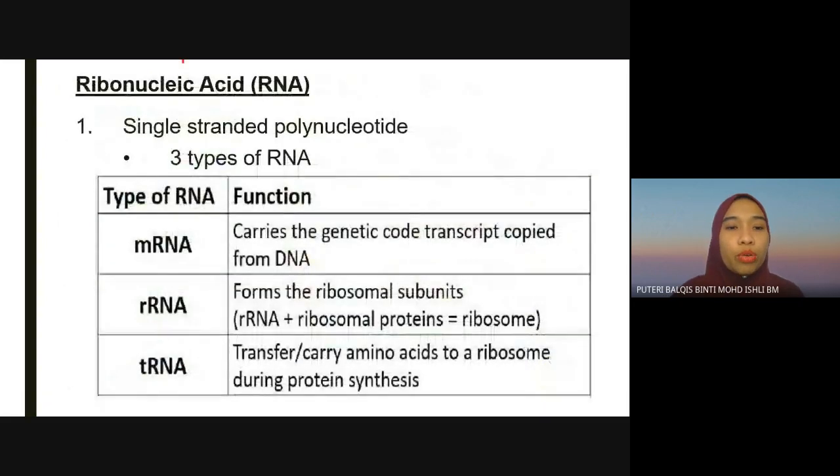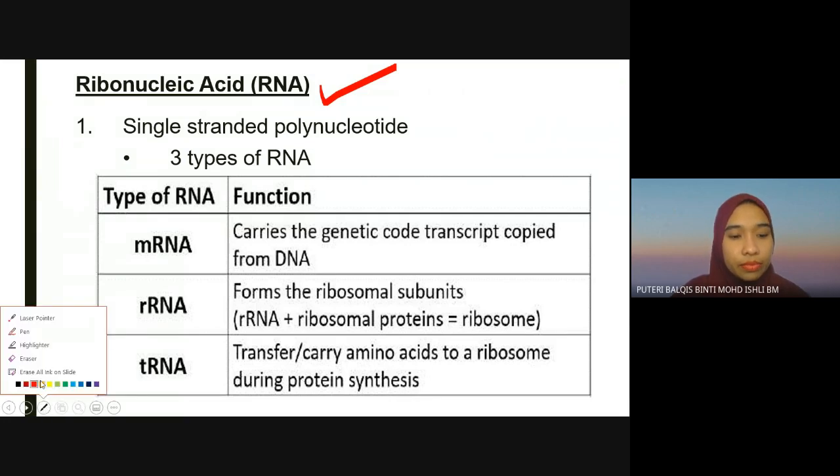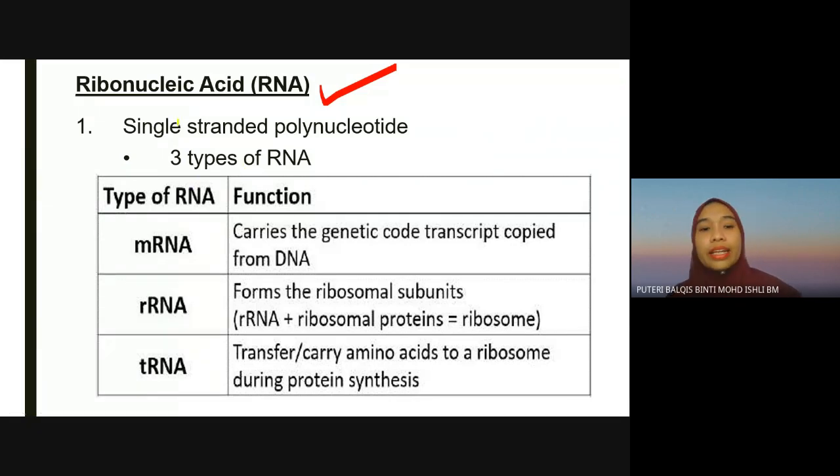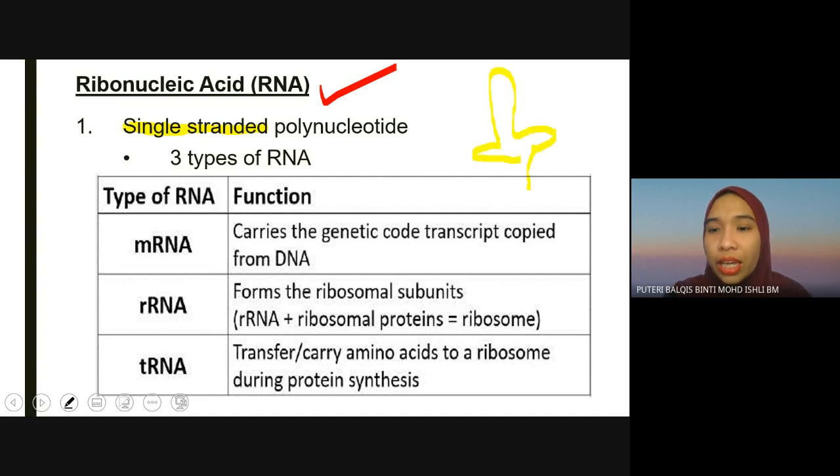And then we go to RNA. Okay, kita pergi kepada RNA. RNA adalah single. Selalunya kalau dia tak full bentuk jadi huruf T, dia akan single.